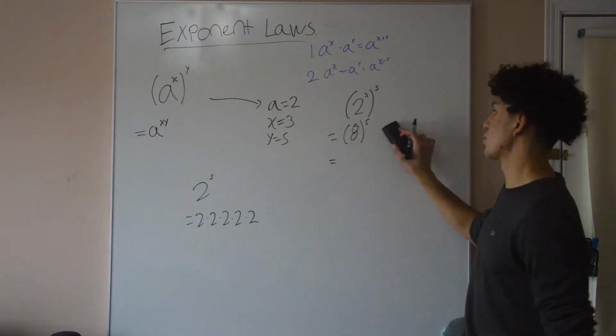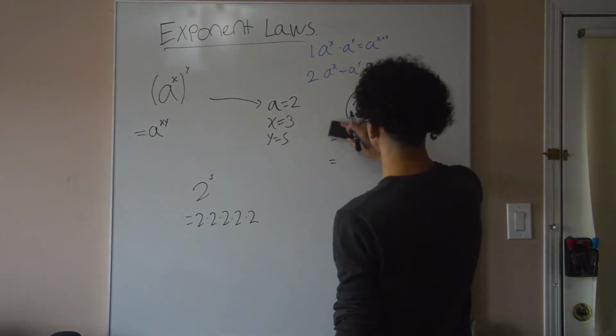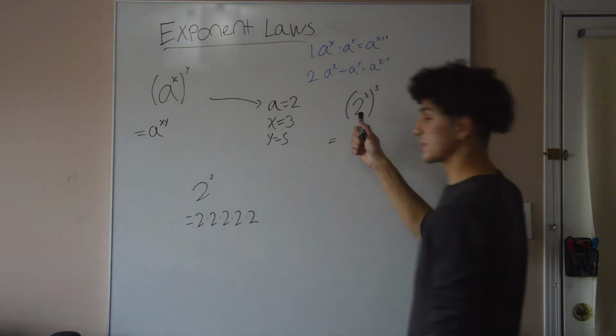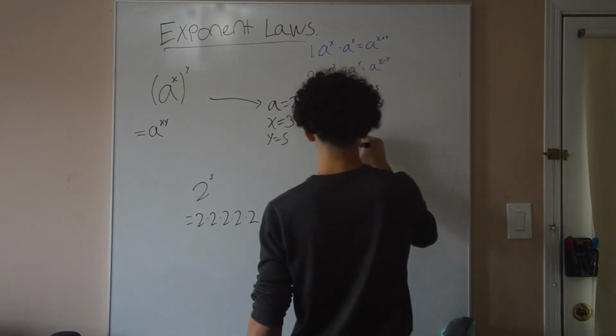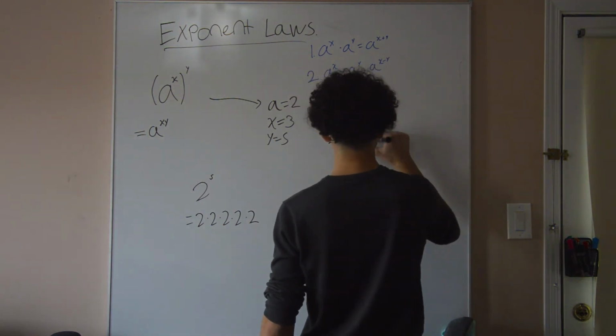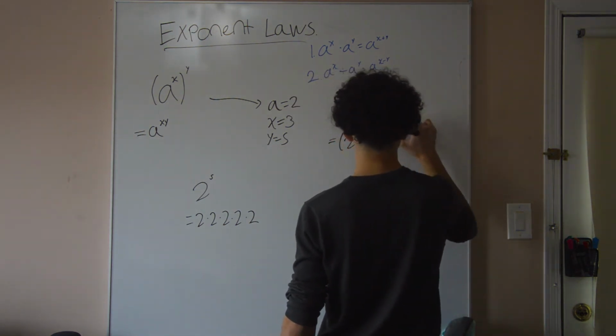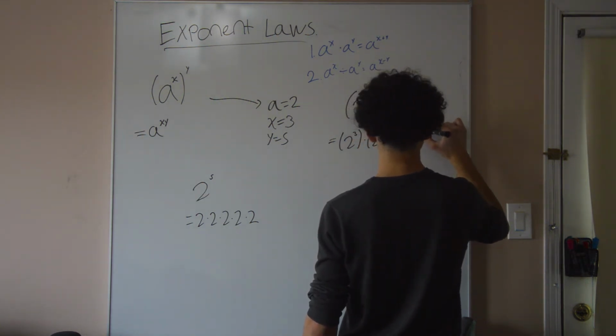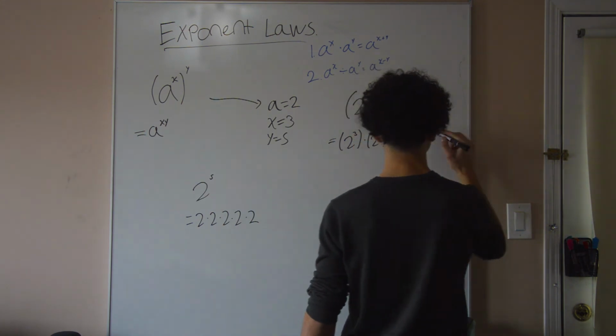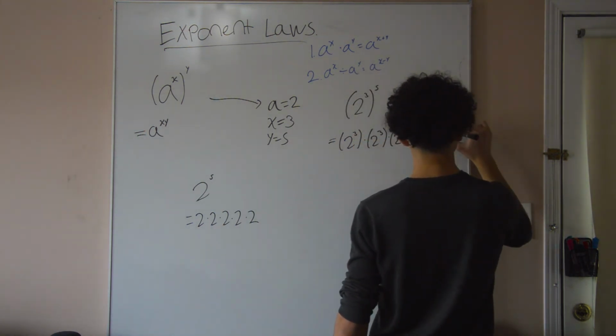And you know what? I'm actually not even going to simplify it. I'm just going to show you. So if we're saying we're multiplying this whole thing by itself 5 times, so it becomes 2 to the 3 times 2 to the 3 times 2 to the 3 times 2 to the 3, that's 1, 2, 3, 4, one more, times 2 to the 3.